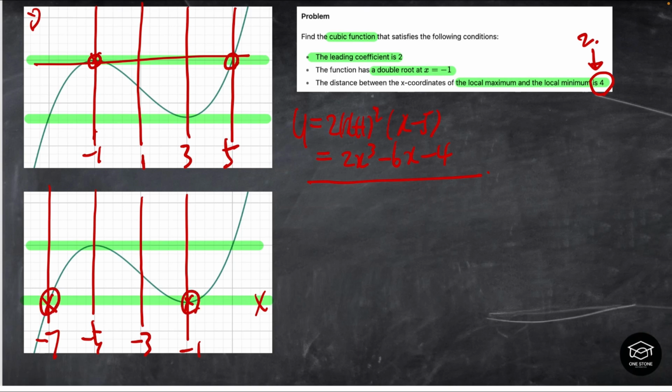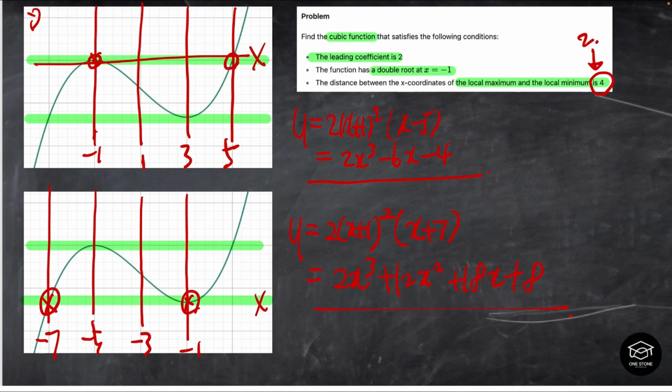Therefore, the function is f(x) = 2(x + 1)²(x + 7). Expanding, we obtain x³ + 6x² + 9x + 4. Multiplying by 2 gives f(x) = 2x³ + 12x² + 18x + 8.